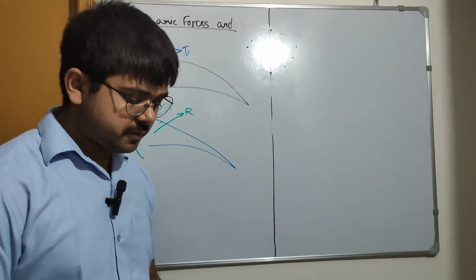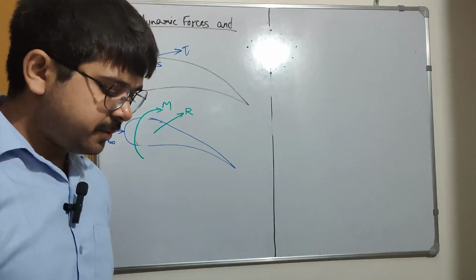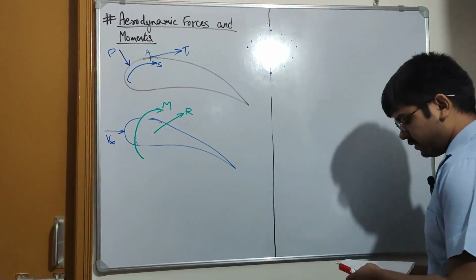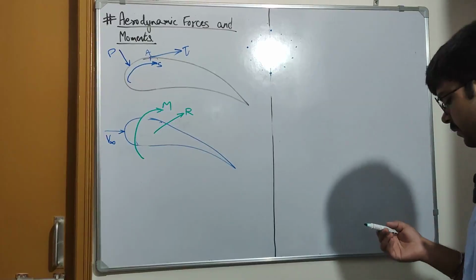So first of all, R is split into two components. So I'll make this diagram here. It will be easy for you to understand.